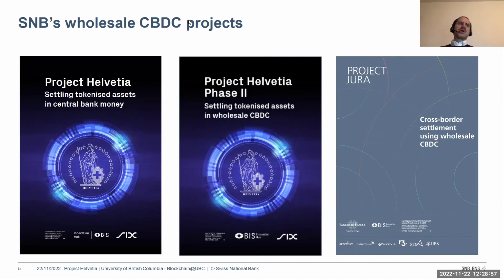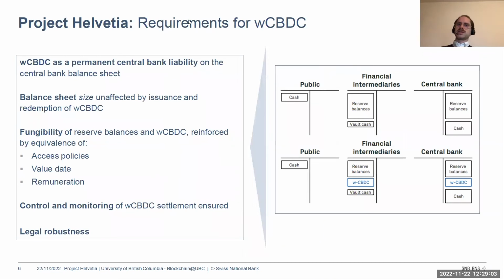When we first started Project Helvetia, we needed to set some requirements. We asked ourselves, what needs to be given if we were to issue a wholesale CBDC on such a platform?